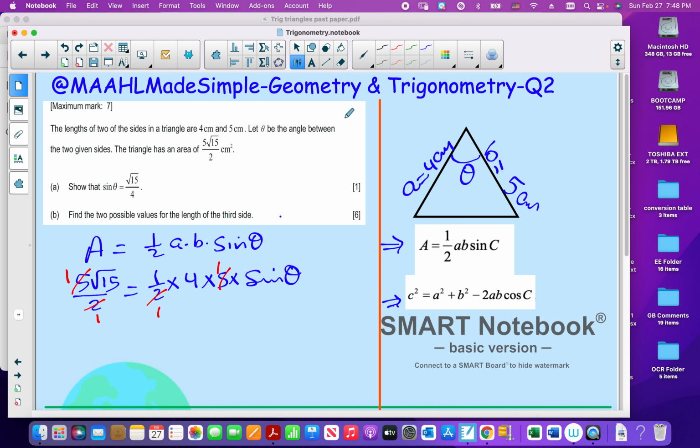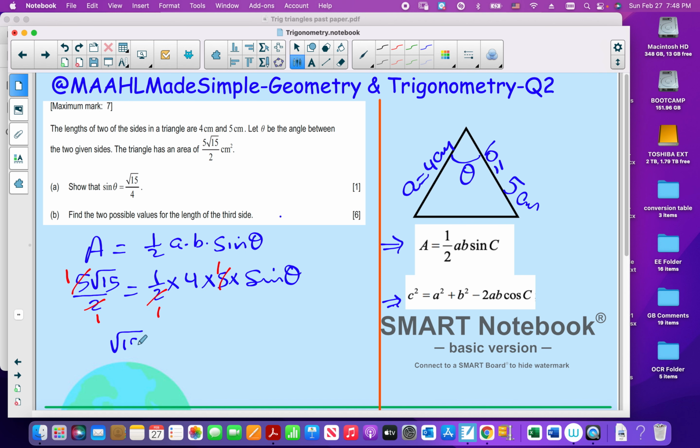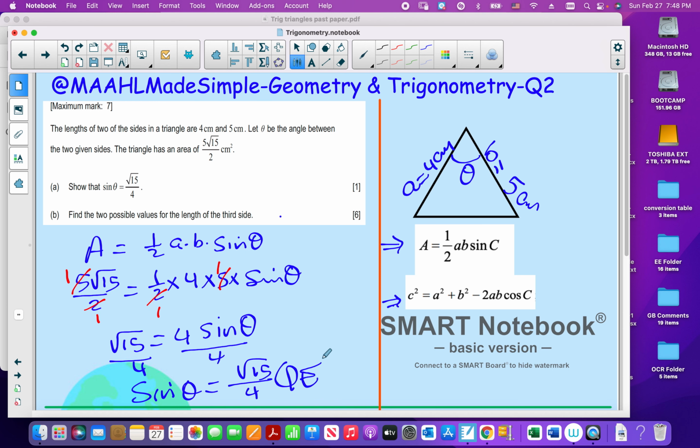So I am left with, after simplification, the left hand side root 15 equals 4 sine theta. Divide by 4, divide by 4, so sine theta is equal to root 15 over 4, QED. So we have shown that.